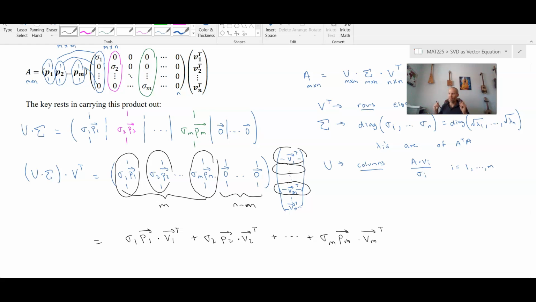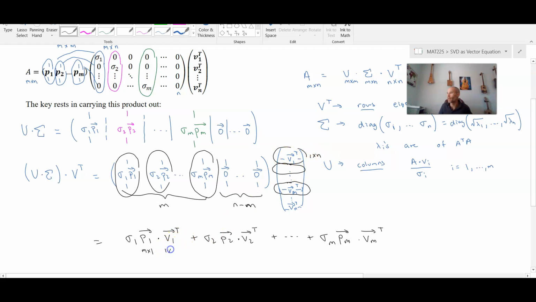Wait a minute, matrices? What do you mean matrices? I thought these were vectors multiplied with vectors. Well, the key here is that each of these P vectors in the U matrix are m by 1 big. So this is an m by 1 vector. But V1 transpose, since all of the eigenvectors are n by 1, this is a 1 by n row vector.